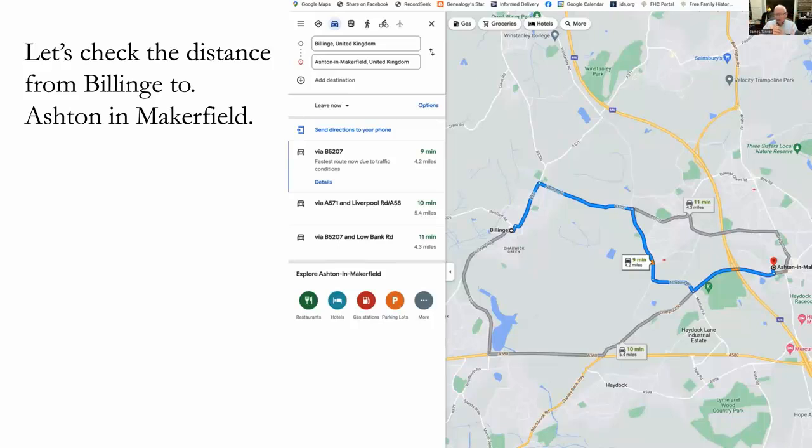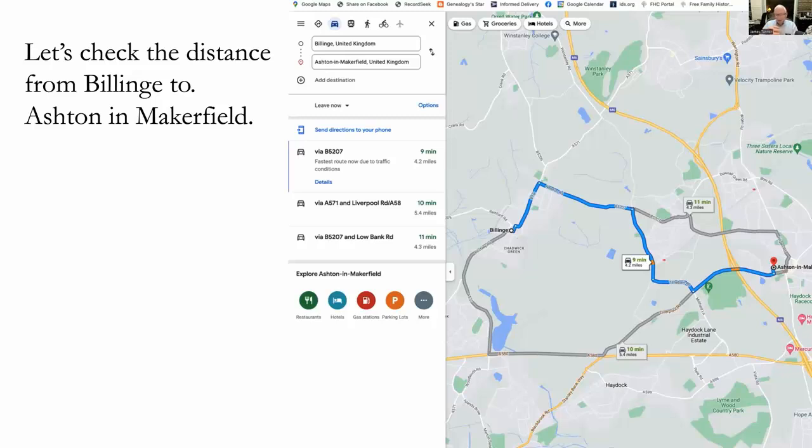It's 4 miles, and walking, it would take maybe 90 minutes. If you were a mother expecting and racing across that distance to have your baby someplace so you could grab the baby and run back to Billinge, you can see that would be a little bit far-fetched. Well, this is within the range of the distance that even back in the 1700s was possible.